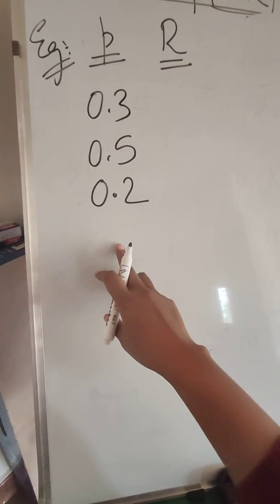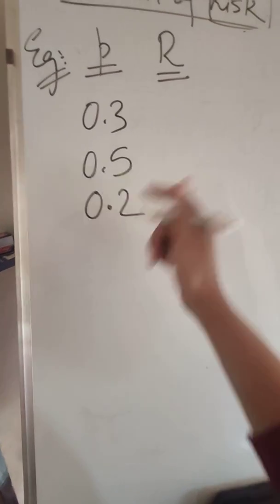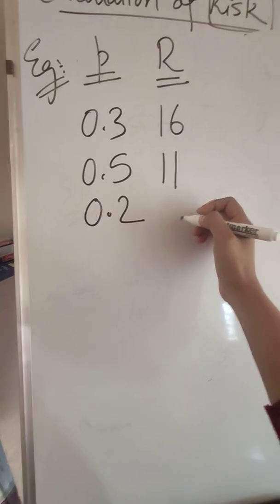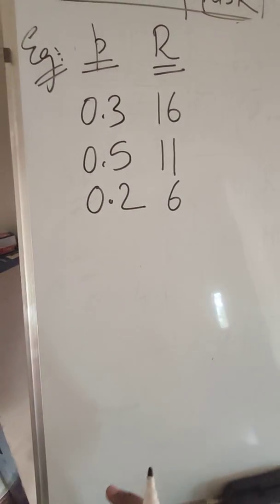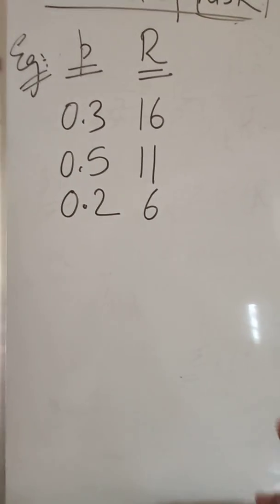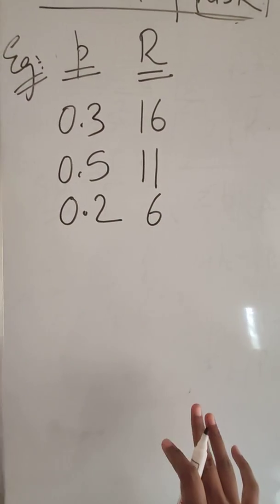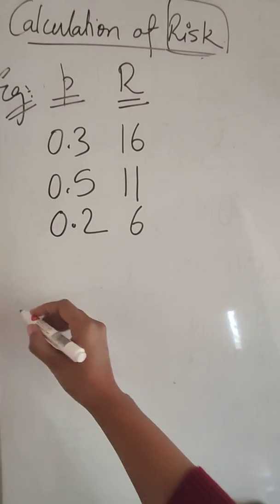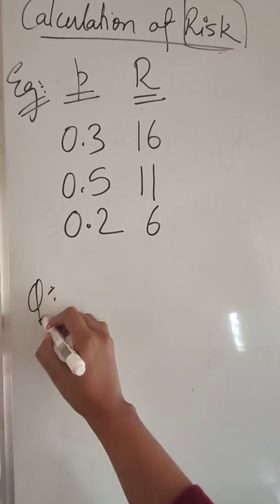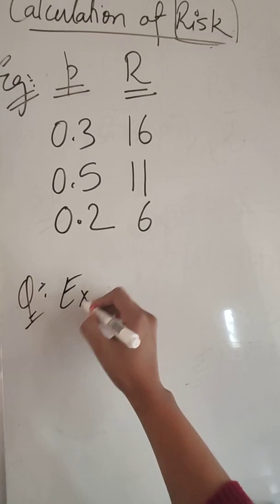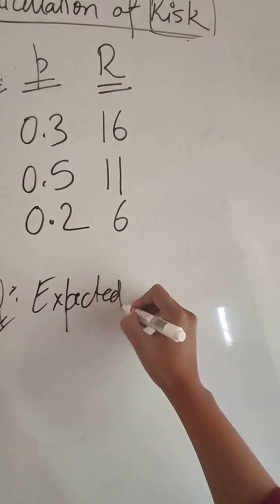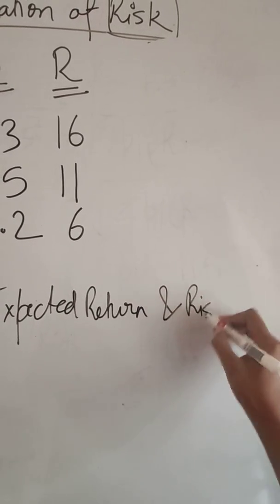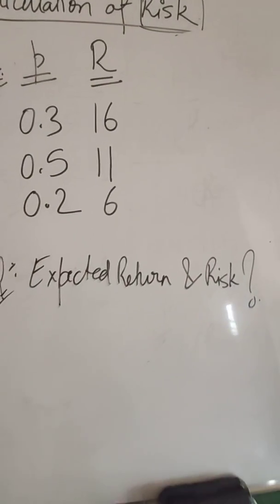This will be given to you in the question itself, and the returns are like 16, 11 and say 6. So these 3 are the returns, and this is the probability associated with each return. Now you will be asked to calculate the expected return and risk associated with that particular asset.